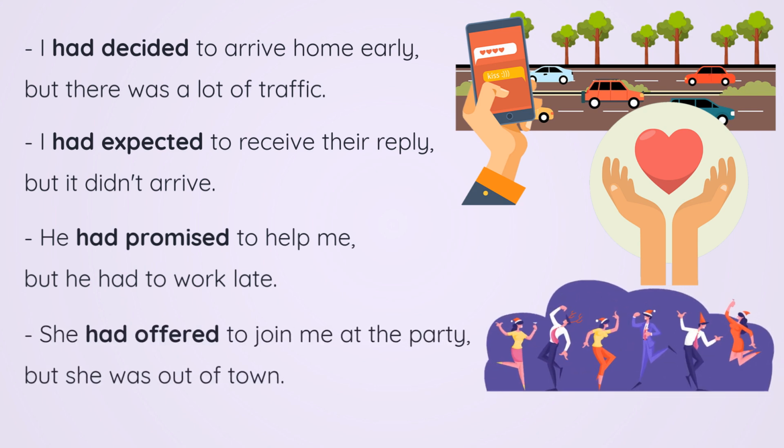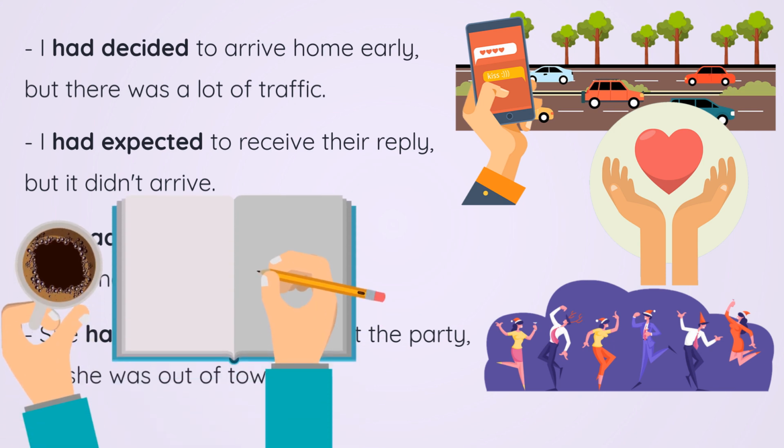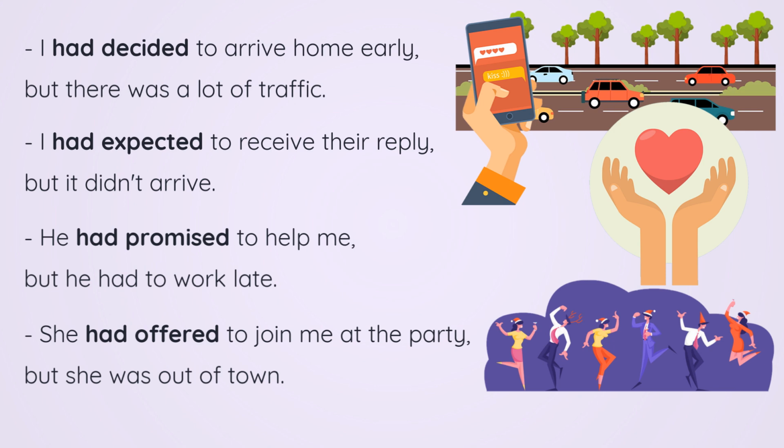Or, she had offered to join me at a party, but she was out of town. So the way that you could practice this is think about some situations in your own life. Maybe there was something that you had decided, but, all right, it doesn't always have to be used this way, but this is definitely one kind of sentence structure that we can use for that purpose.